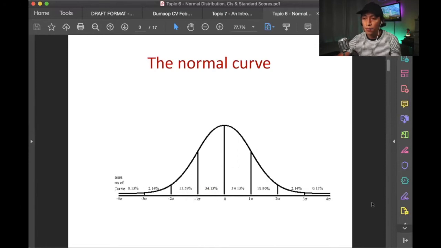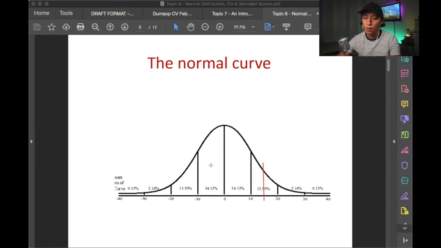Okay. And then we also talked about locating the position of any given score within the distribution. And thus, we talked about z-scores. Any given score may, for example, have a z-score of 1.5, which tells us that that particular score is found somewhere around here relative to the other scores.